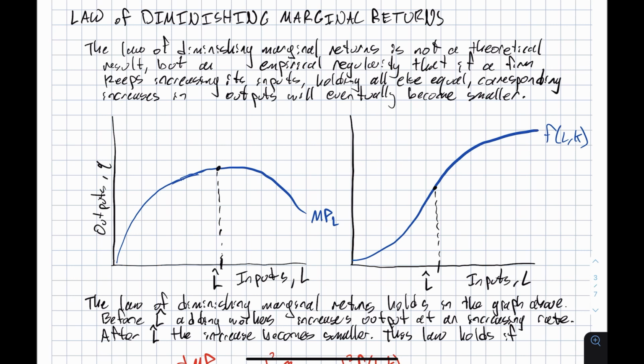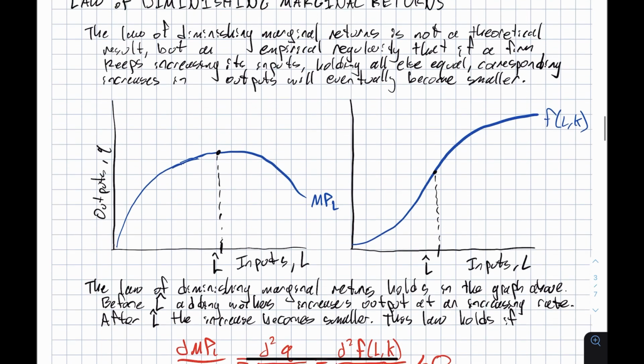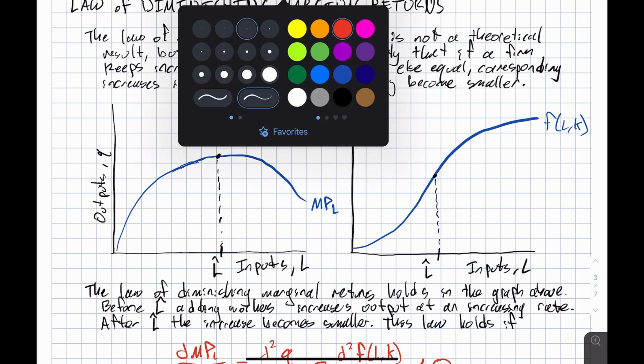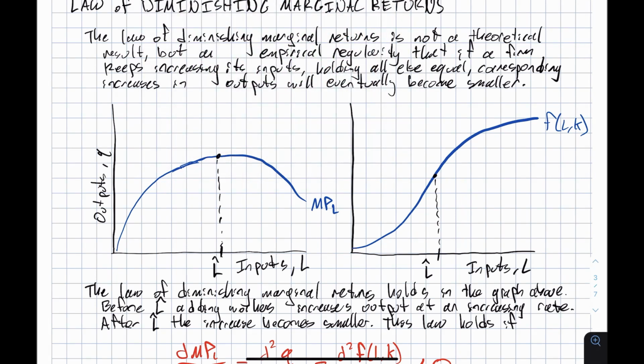So the idea is just that as we increase our labor inputs, going right on the graph here, we increase our quantity of output.